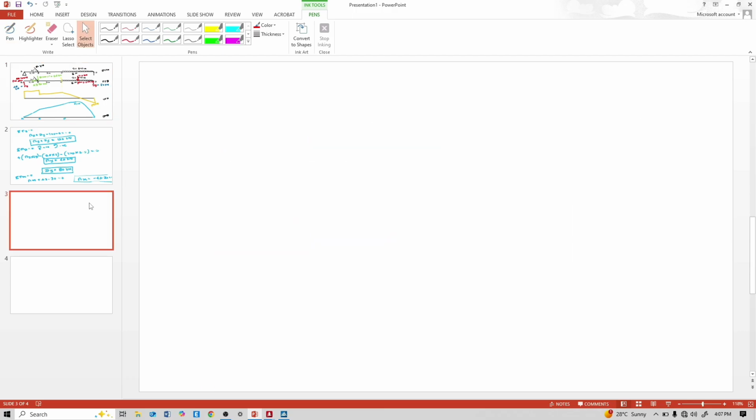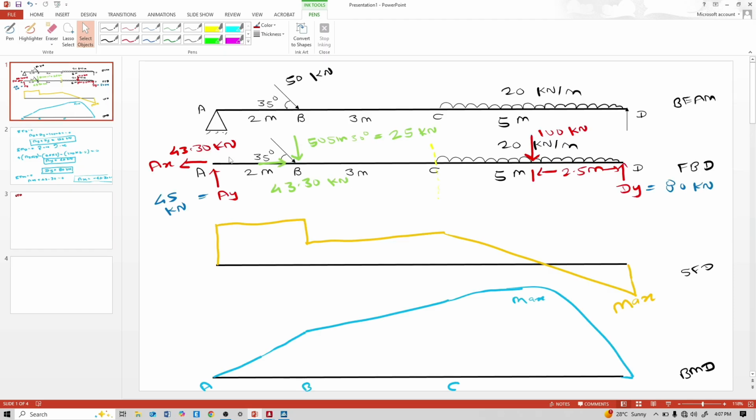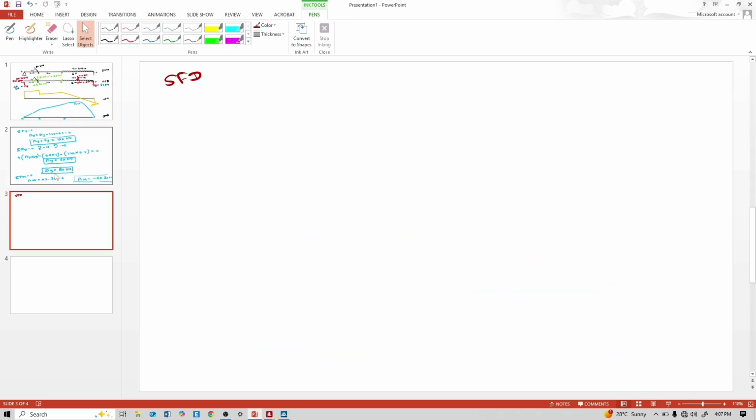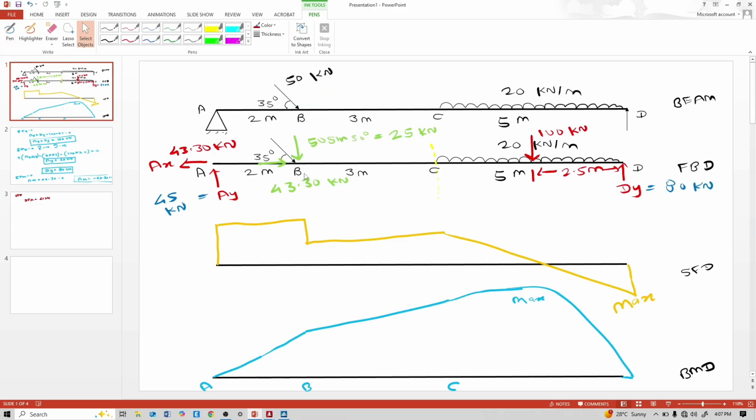So next step is to calculate shear force values. Shear force diagram. First, shear force at A is this reaction, 45 kilonewton. Next, shear force at B is 45. There is no load in between this. That means at B, towards left and towards right. Towards left it is 45 kilonewton because there is no load in between this.